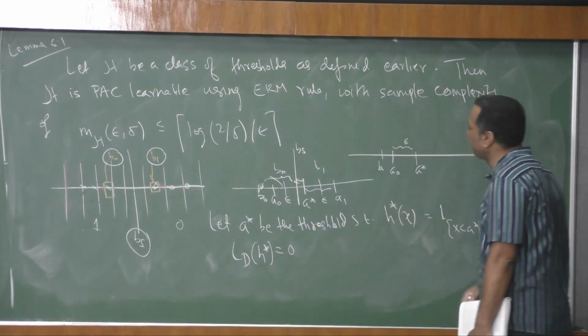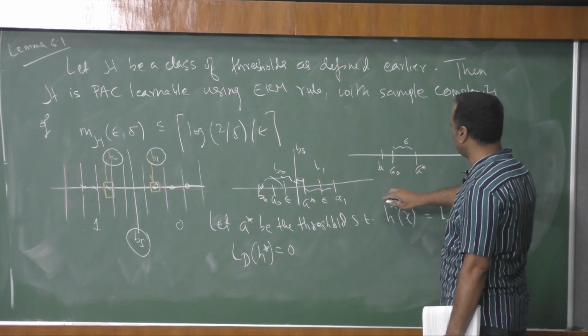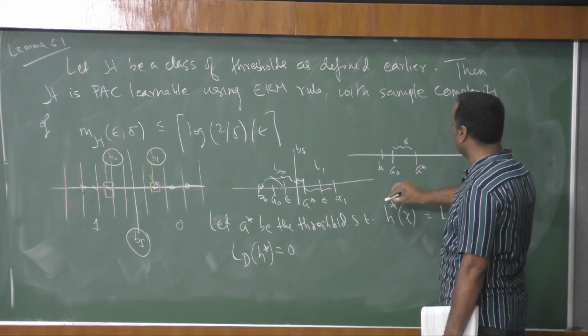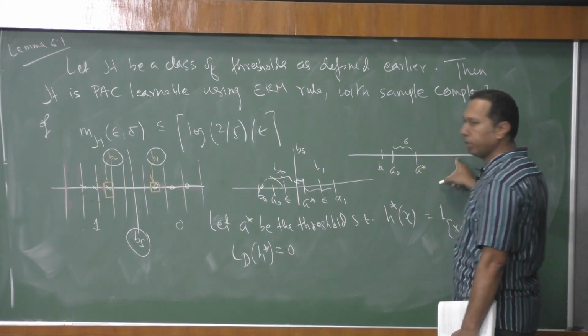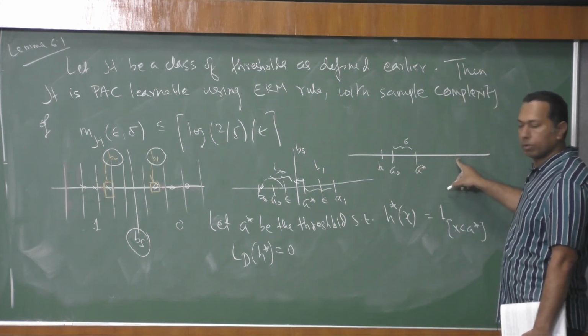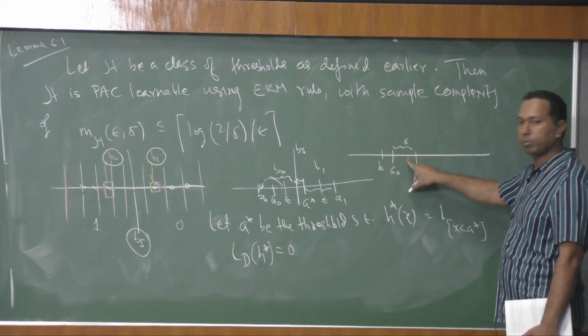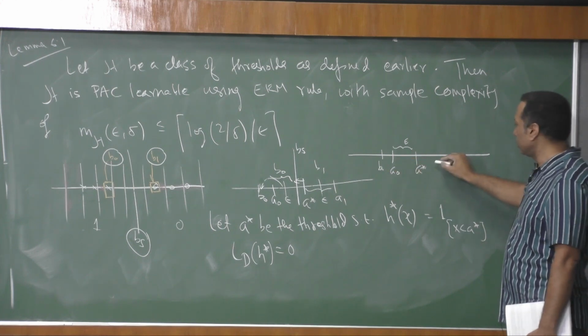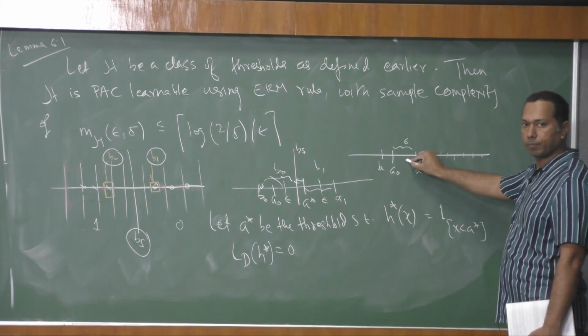Okay, that makes sense. So b naught less than a naught means that none of them showed up here. It could be here also, it's fine. But certainly they didn't show up here, because if it was here, b naught would have been that one.